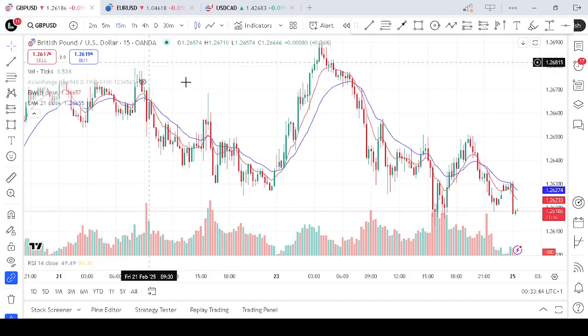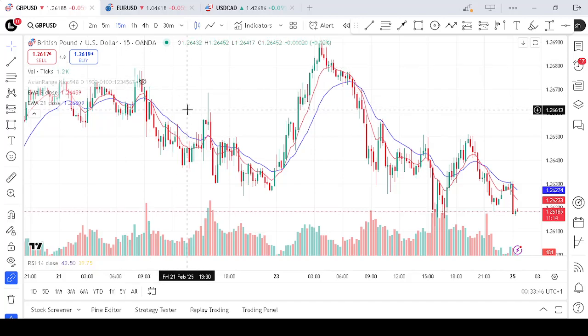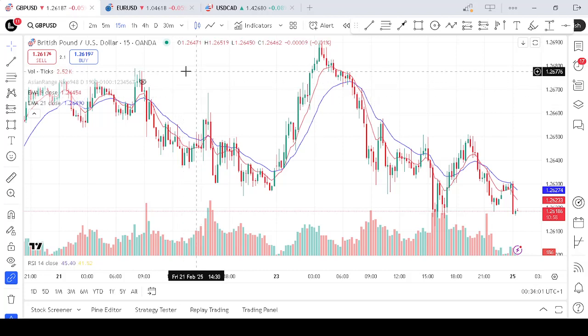First of all, you will choose a time frame, and I'm using a day trader's time frame because I want to make use of the short term moving average. Remember, if you're a day trader, you might prefer short term moving averages like the 9 EMA and the 21 EMA for quick signals.